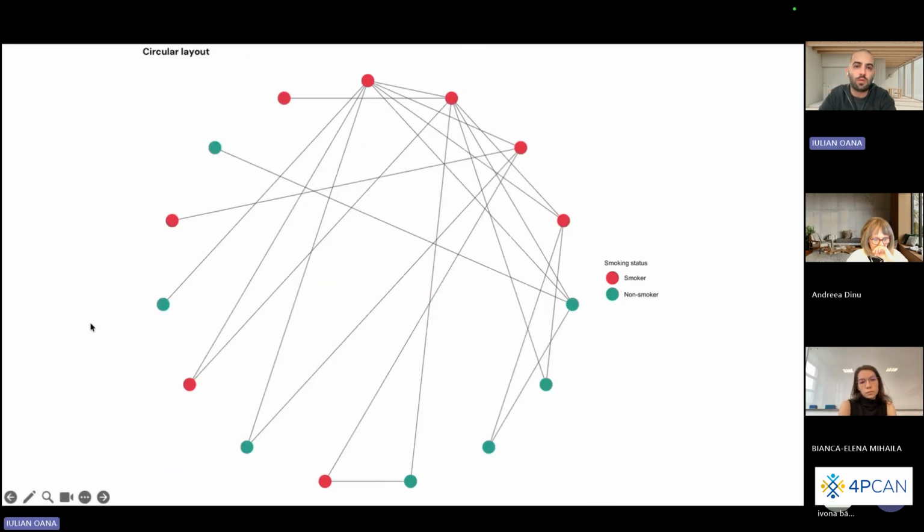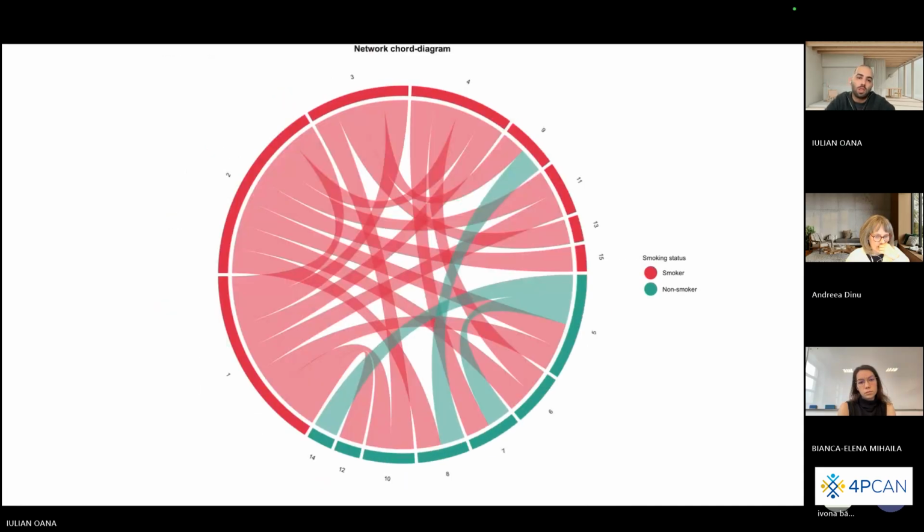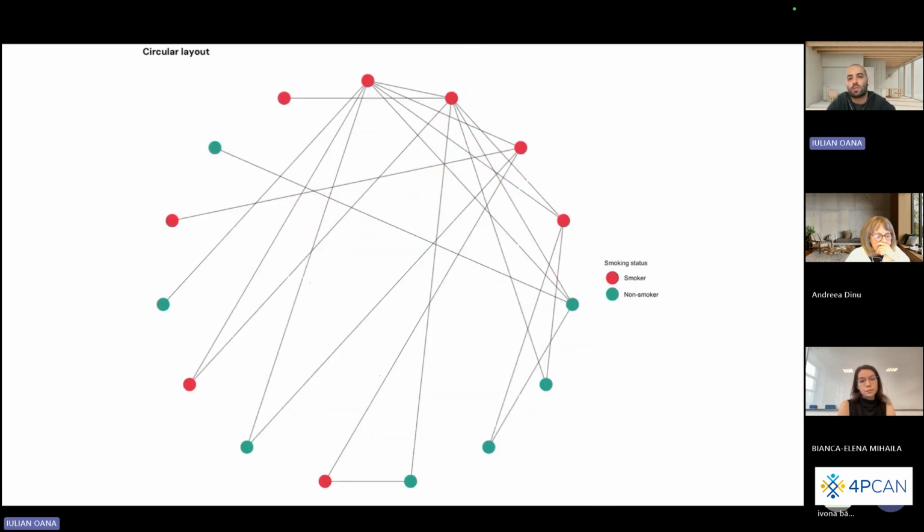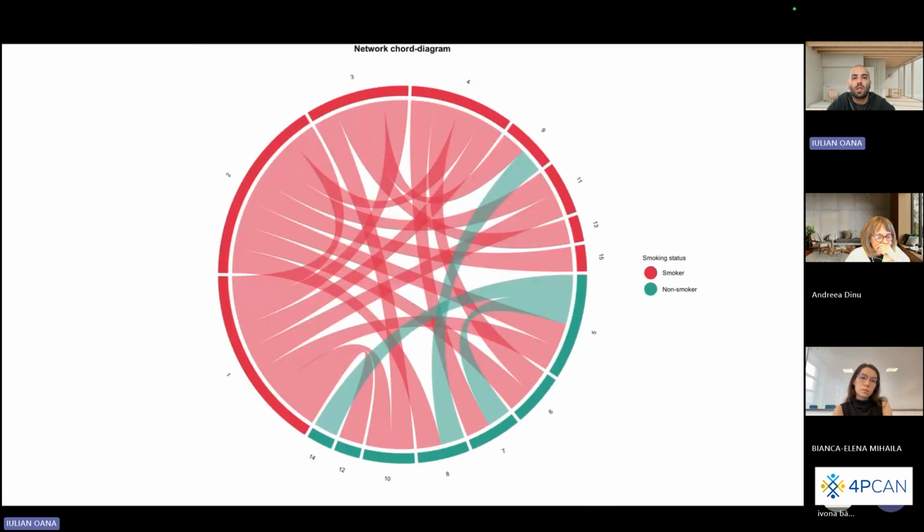Circular layout. So as I said, all nodes are placed in a circle, and then various lines are drawn between them. Also, the circular layouts can look differently. So this is a random circular layout, but we can also have these types of diagrams, which are called chord diagrams.